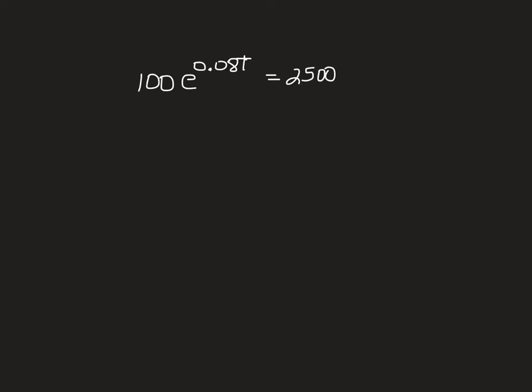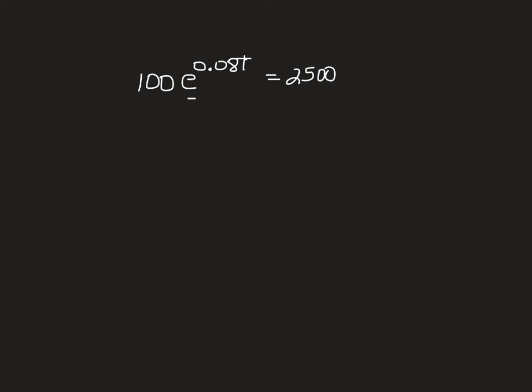Okay, here I have another problem. 100e to the 0.08t equals 2500. In a situation like this, the first thing you want to do is isolate the terms with the exponent if you can, so that that's all we have here.